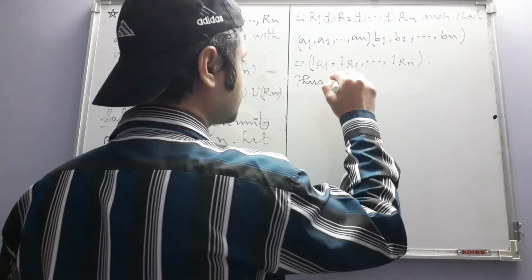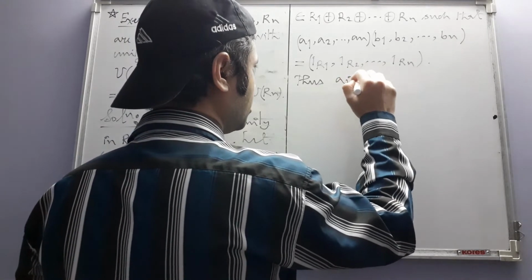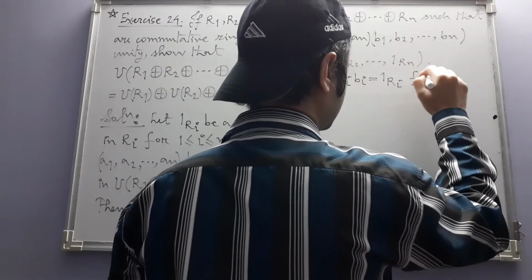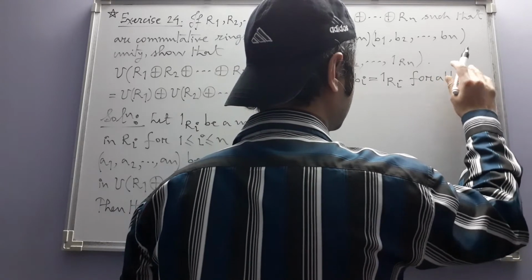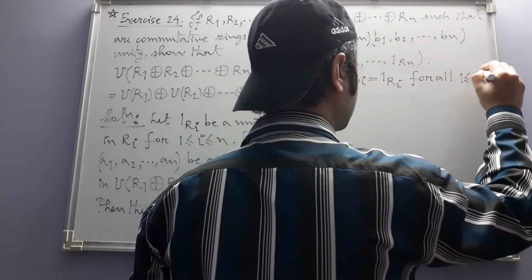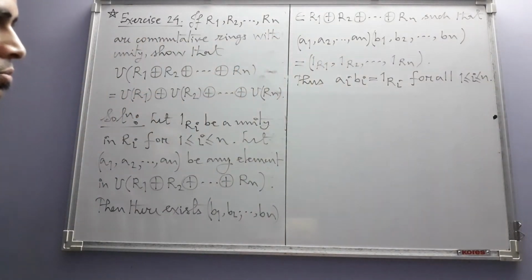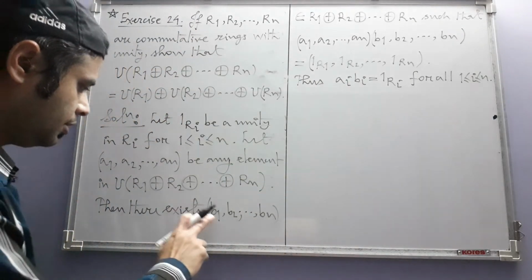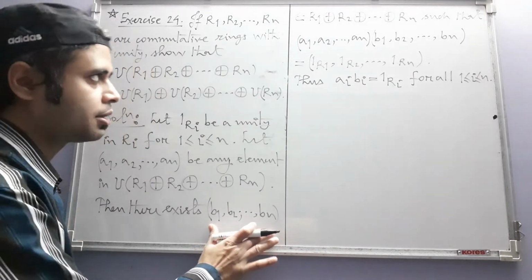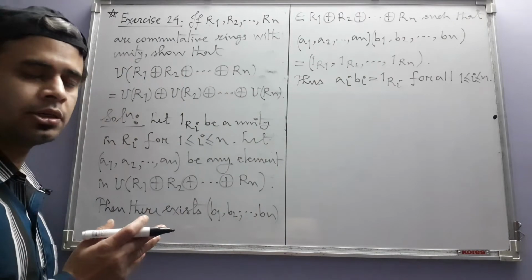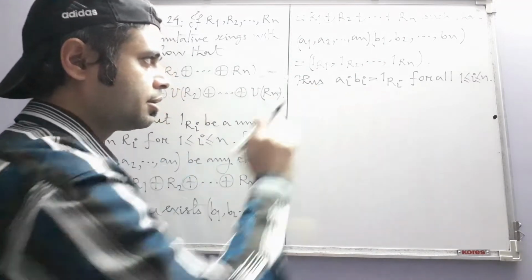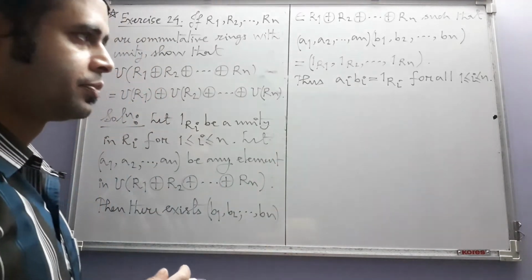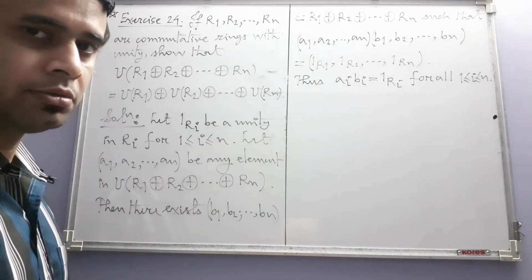Thus, a_i b_i is equal to 1_Ri. Okay, so that means we have b_i in Ri because we are choosing this n-tuple from this direct product. b_i belongs to the ring Ri such that a_i b_i is equal to the unity in Ri. So this tells us that the element a_i belongs to the group of units of the ring Ri.